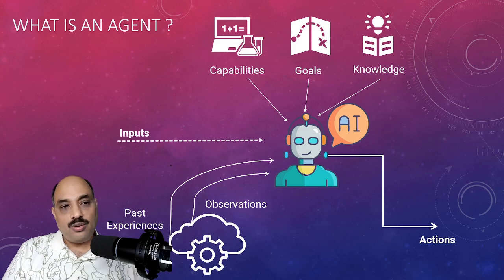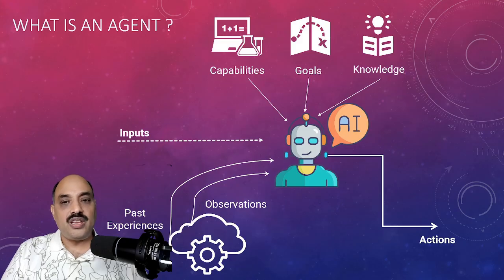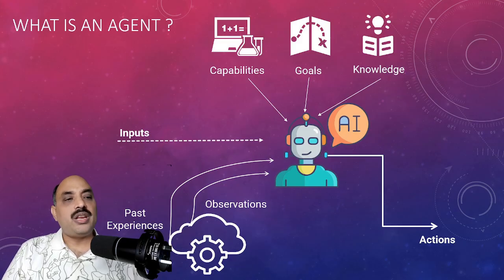Now, when you are using that particular agent, it may have long-term or short-term memory, and it should be able to learn from experiences that happen over time with various kinds of inputs. For example, it receives a multimodal PDF that has images and all.